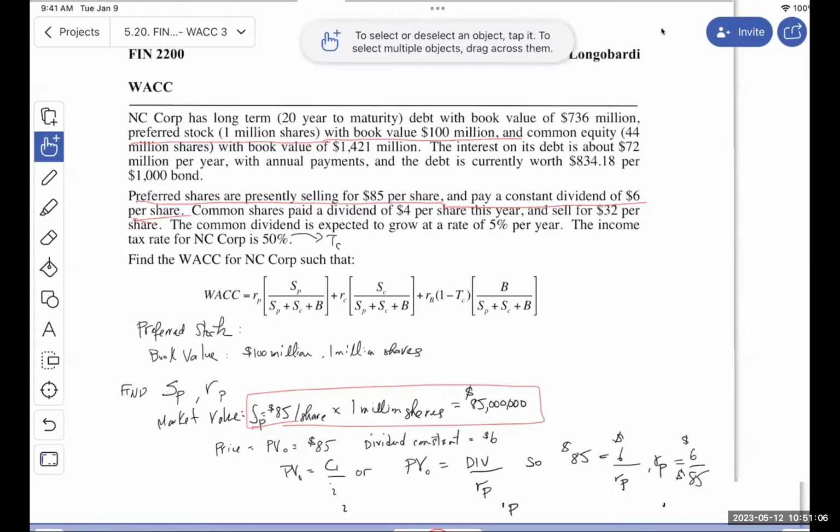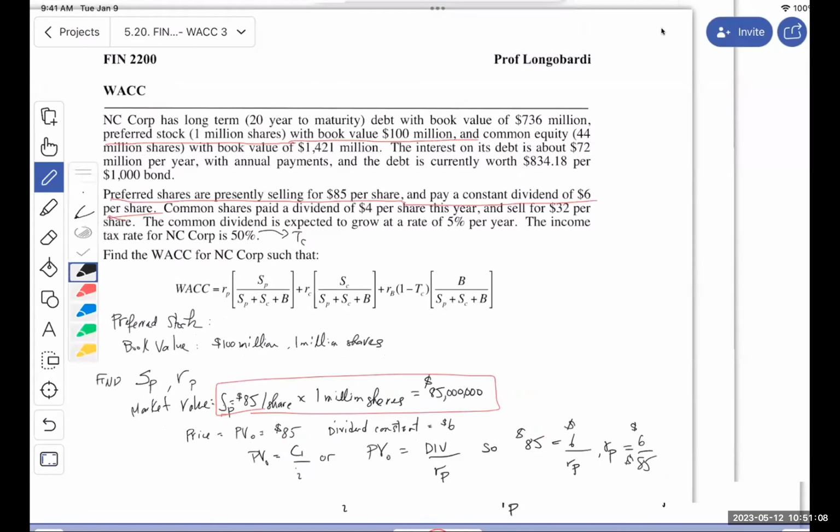So what percentage is that? 7.1. Well, you need to store all the decimal places to get my answer. So 7.0588235%. So we have RP and SP. And store that in 2.